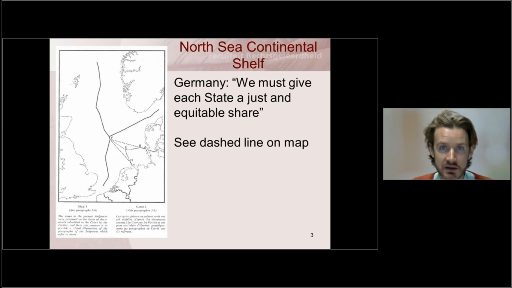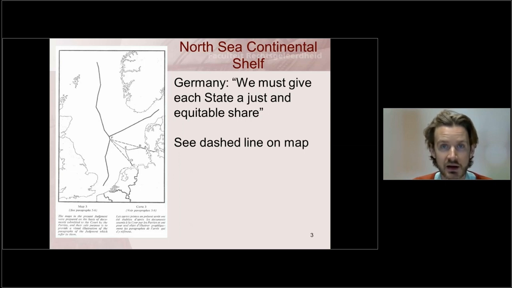So let's look at the suggestion made by Germany first. Basically, the German suggestion is reflected by the dashed line. And by the way, all the solid lines are reflective of agreements that were made earlier. So the controversy only relates to the dashed line and the dotted line.